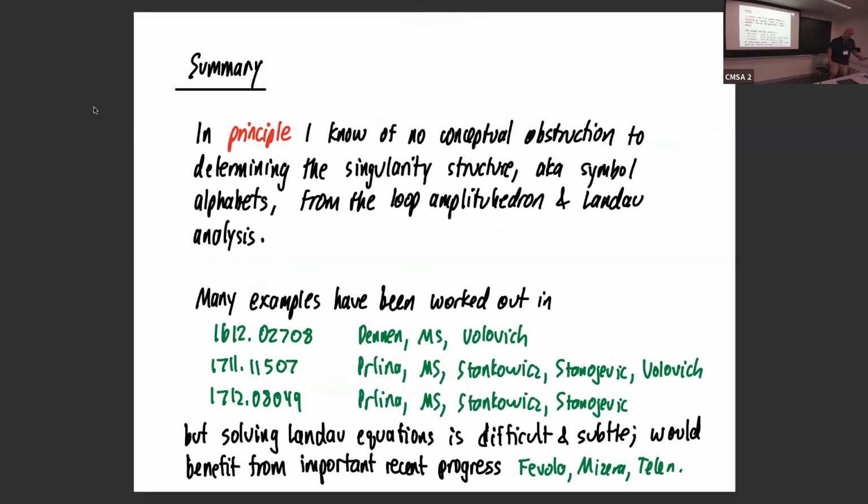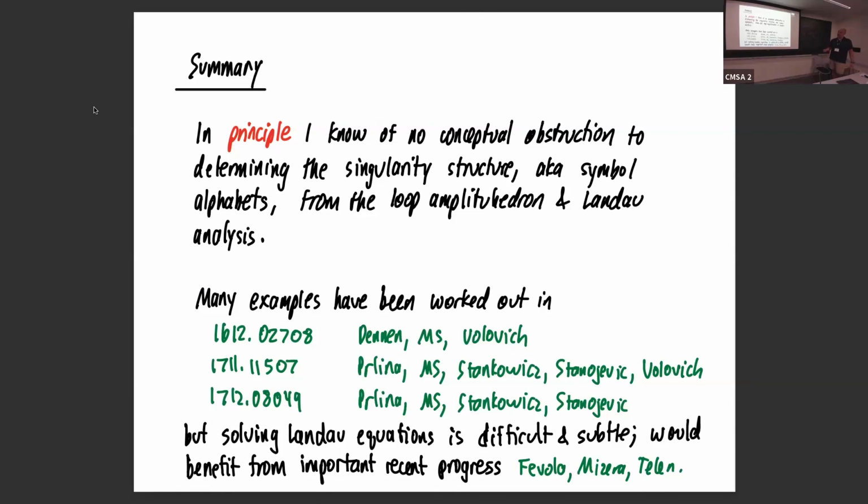Now, I'm running out of time here and I didn't want to go into too much detail. In principle, I know of no conceptual obstruction to determining the singularity structure or symbol alphabets from the loop amplituhedron and Landau analysis along the lines that we outlined in these papers several years ago.